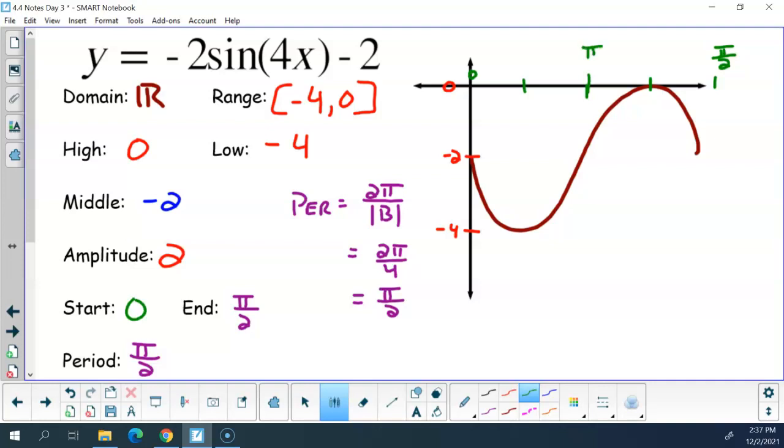So this one here, pi over 4. 0 plus pi over 4, divided by 2 is pi over 8. Pi over 2 plus pi over 4 is 3 pi over 4, divided by 2 is 3 pi over 8.